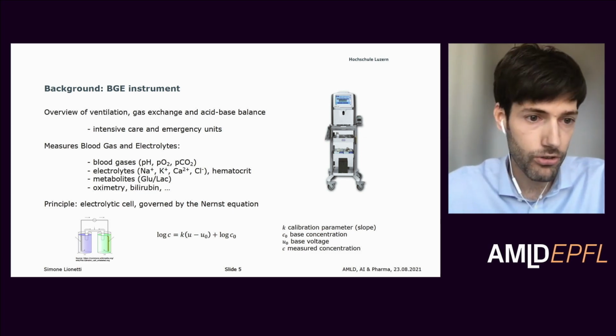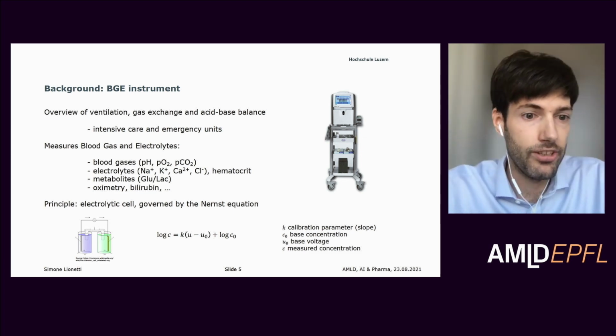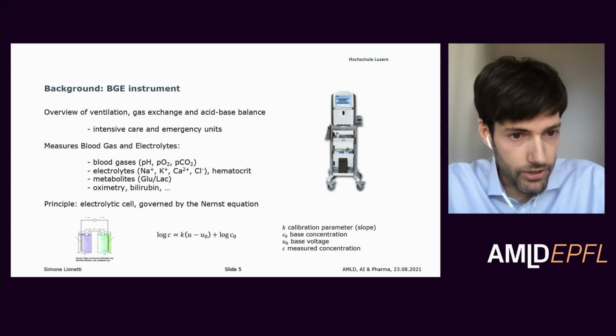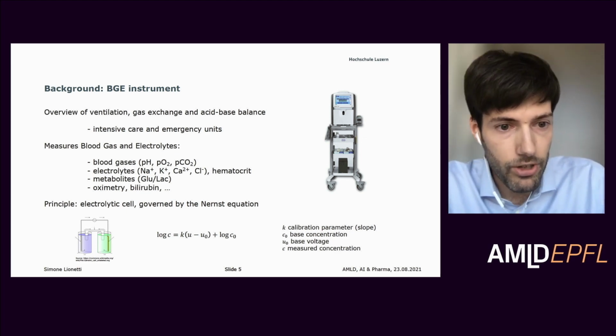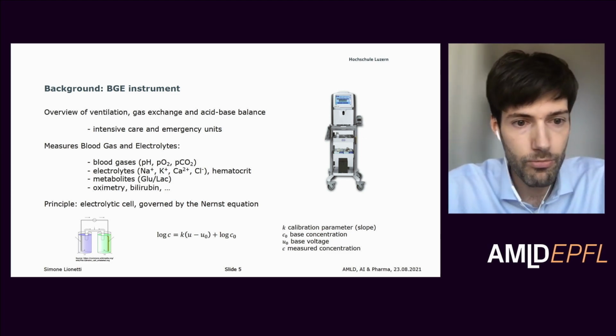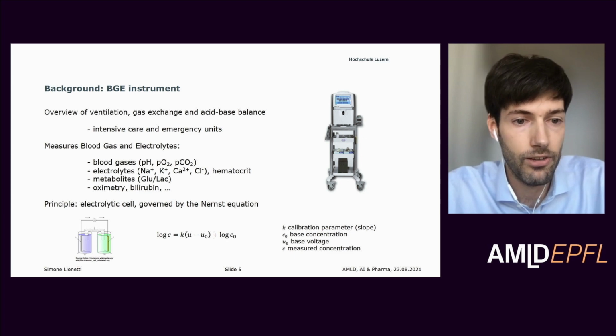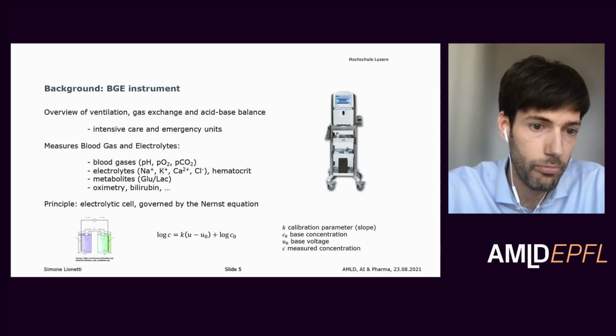The principle it works on is that of an electrolytic cell, which is governed by the Nernst equation. Essentially, what this means is that the logarithm of the concentration is given by this linear formula that you can see here, where K is a calibration parameter known as the slope.